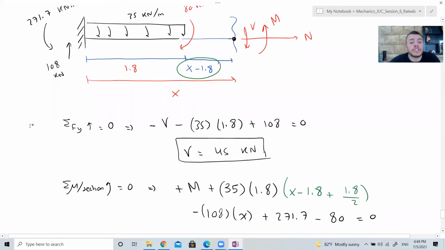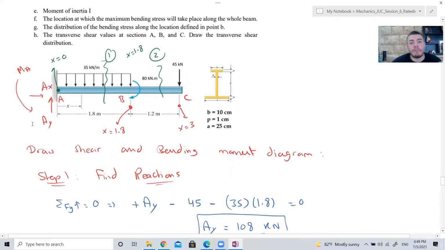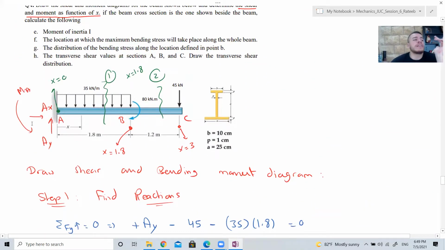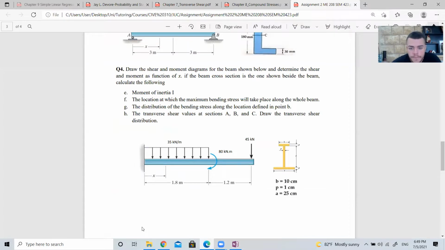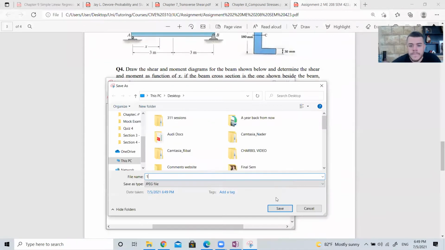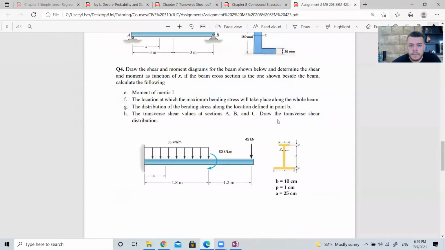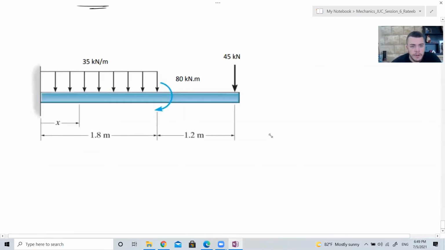Now we can draw the shear and bending diagram. If we had not said to express them as a function of x, we would have used the method we usually work with. When there is a vertical force, there is a jump in the shear force. Now we have this figure.